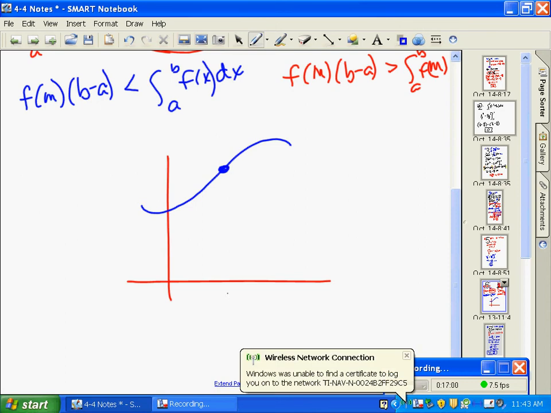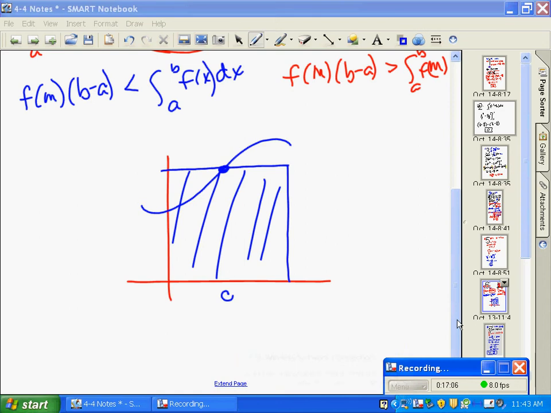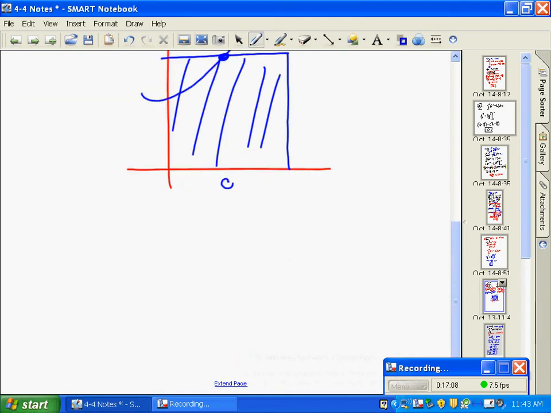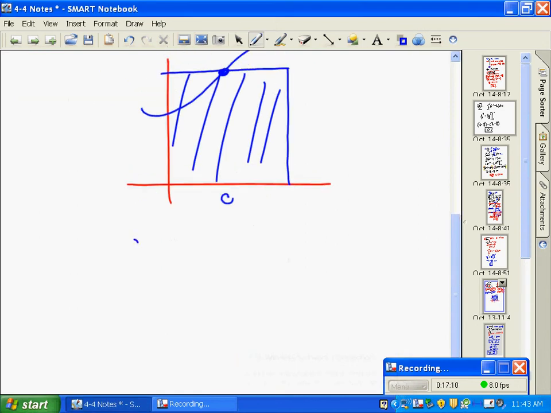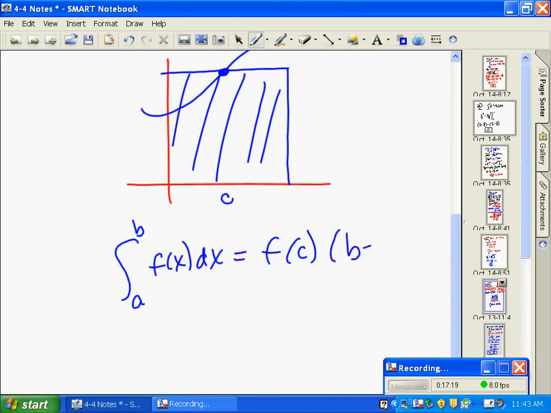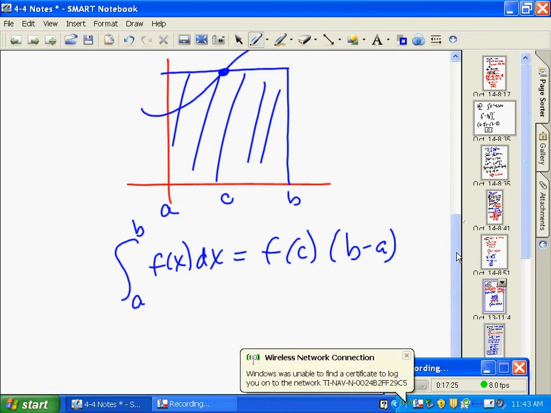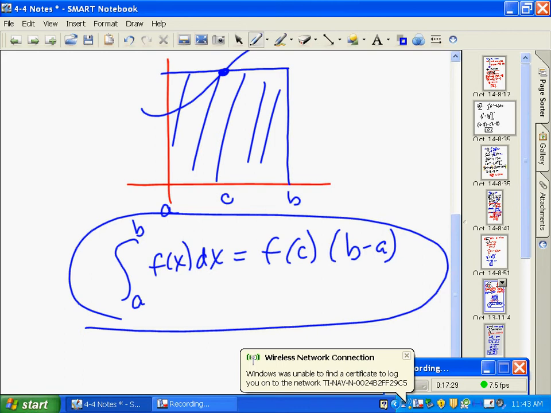There's some value in here, c, such that, it's kind of like the mean value theorem that we had earlier, the integral from a to b of f of x dx is equal to f of c times b minus a. There's some value c such that those two will be equal to each other. And that's what the mean value theorem for integrals is stating.